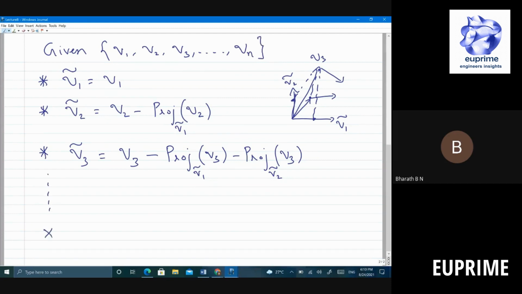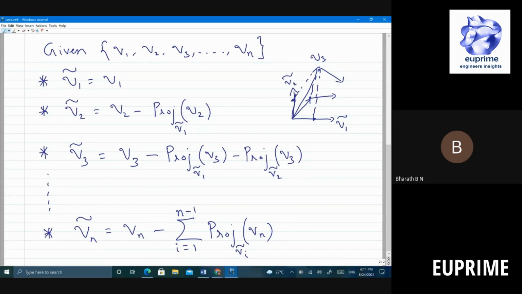So vn tilde is vn minus the sum of all the projections, from i equal to 1 to n minus 1, of the projection of vn on vi tilde, right? Do you agree? So how did you get vi tilde? Well, recurse. This is recursion, right?